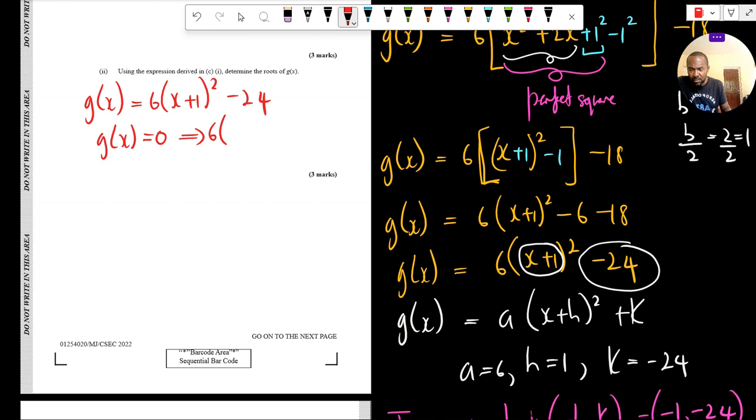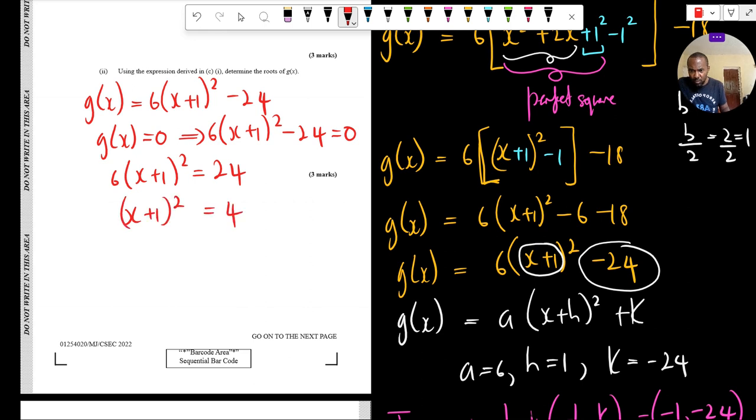We can bring the 24 across, it changes sign and becomes a positive 24. Then we can divide both sides by 6. Dividing through by 6, we get (x + 1)² is equal to 4.